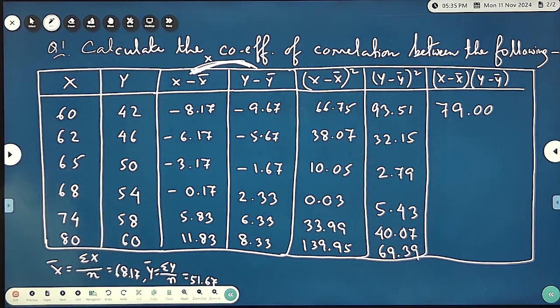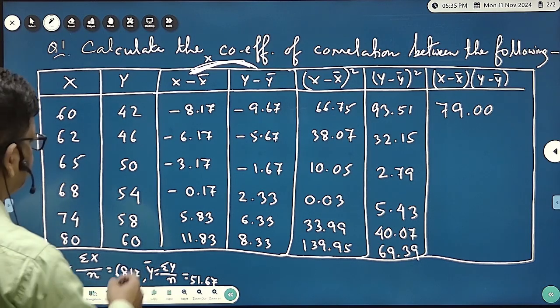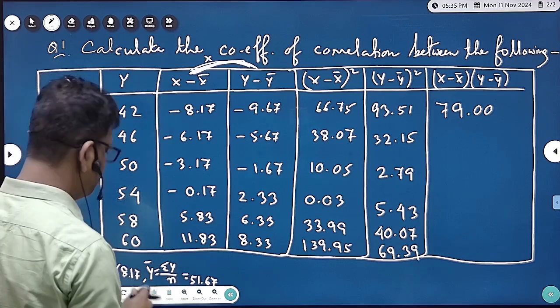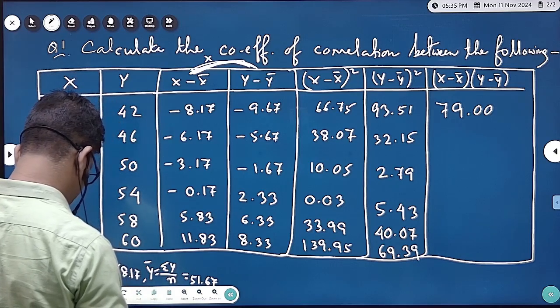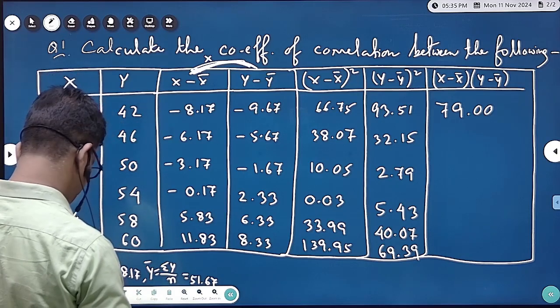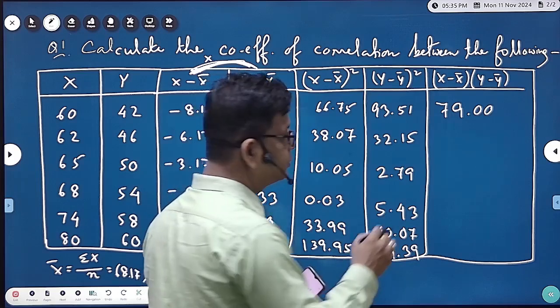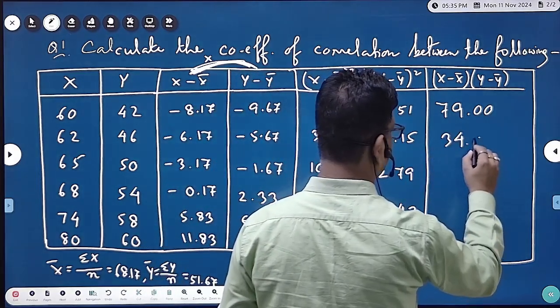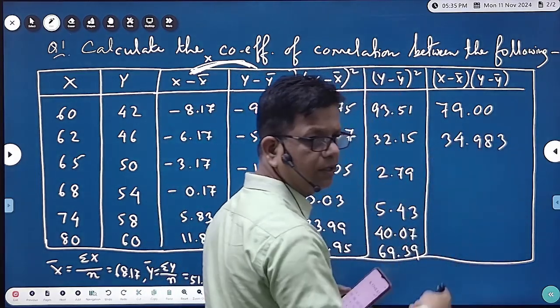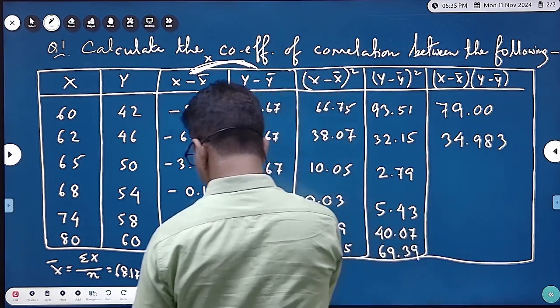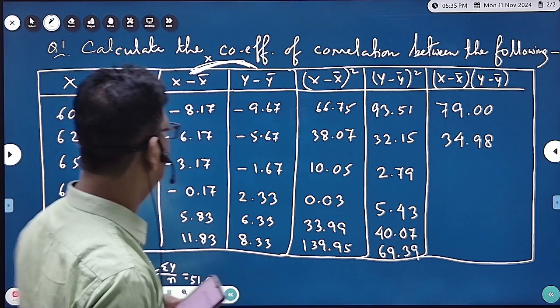Anyway, do the next. 6.17. Here, x minus x bar is 6.17 into 5.67. So 6.17 into 5.67 is 34.983, so you can write it 34.98. 3 is there, 3 is less than 5, so it will remain the same. Okay?